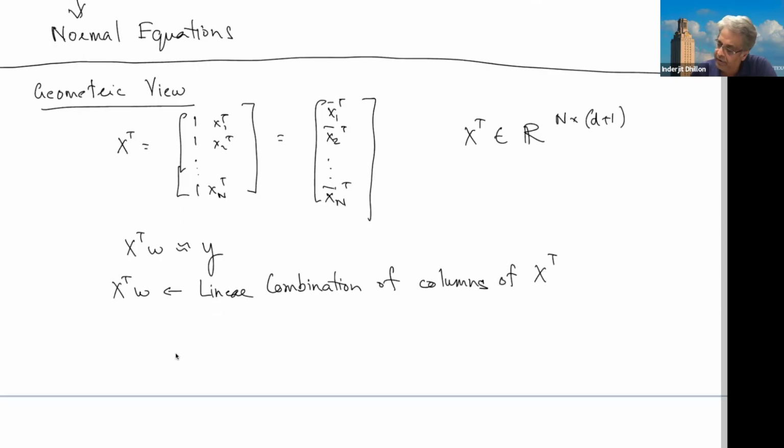In particular, it is W naught times column 1 plus W1 times column 2 of this matrix all the way to WD times column D plus 1.